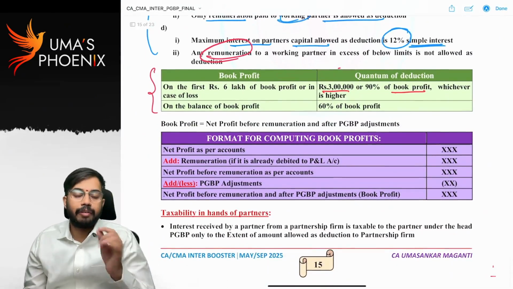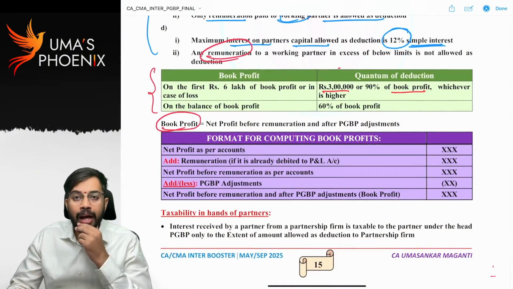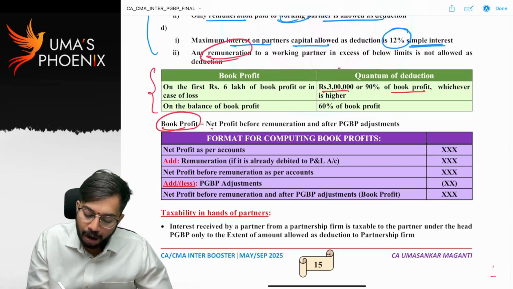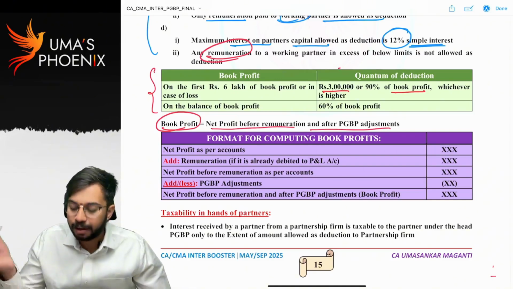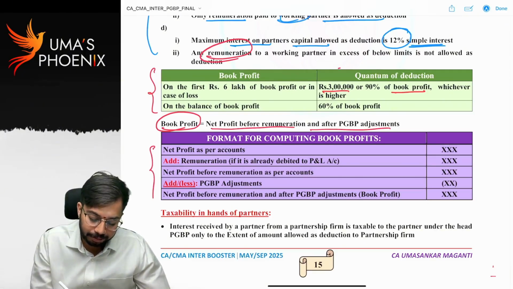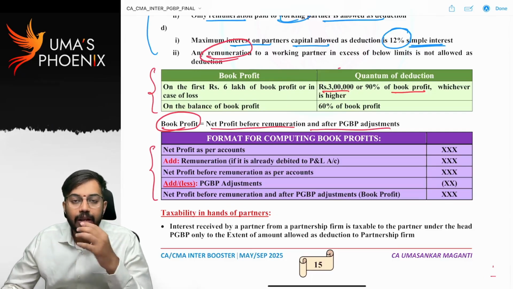Sir, you are quite often saying book profits. What do book profits mean and how to calculate book profits? That is the question. Book profit means net profit before remuneration and after PGBP adjustments. See, this is the format. First, you have to take net profit as per accounts.